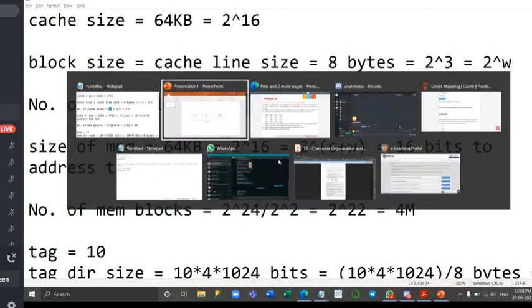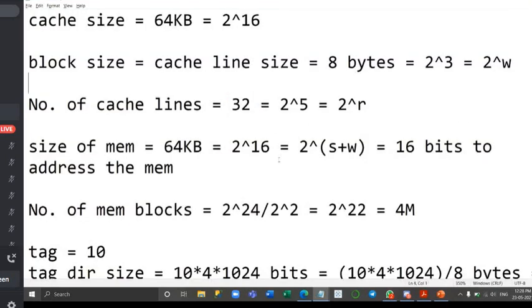From W, I know that my cache block size is 8. If I multiply my number of cache lines with the size of the cache line, I get the total size of the cache. So that becomes 32 into 8, which is 256.